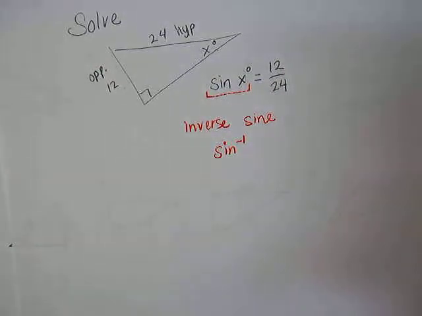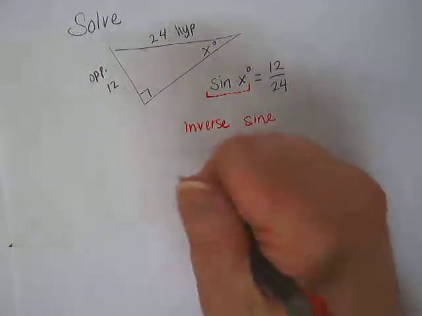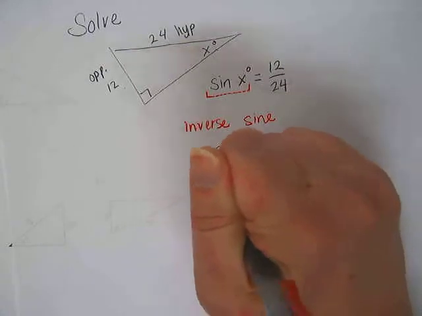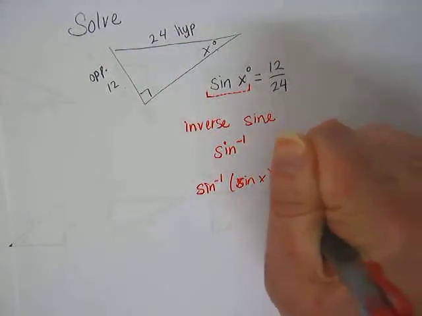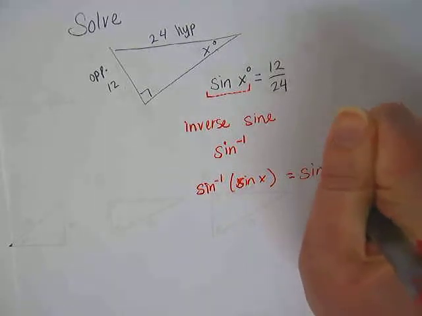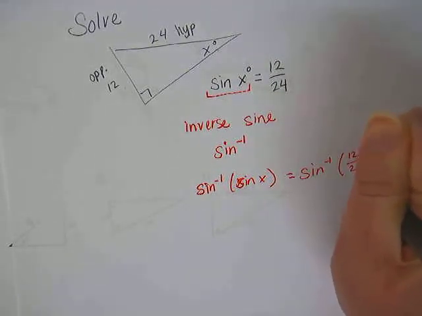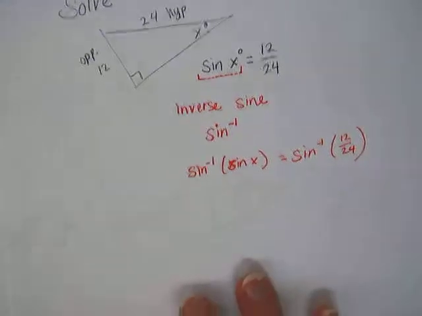Okay? So what we do is use the golden rule of algebra. The golden rule of algebra says, do to one side as you would to the other, right? So if I want to take the inverse sine of one side, then I do the exact same thing to the other side.